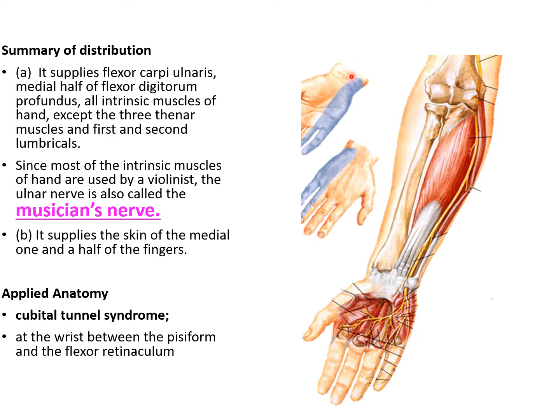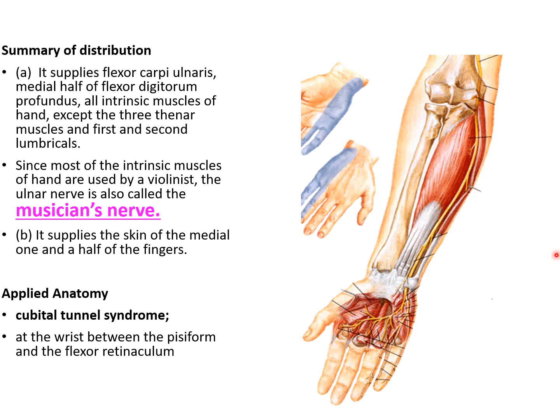Also, it supplies the medial 1.5 fingers. Since most of the intrinsic muscles of the hand, which are used by violinists, are supplied by the ulnar nerve, it is also known as the musician's nerve and it controls the fine movement of fingers.